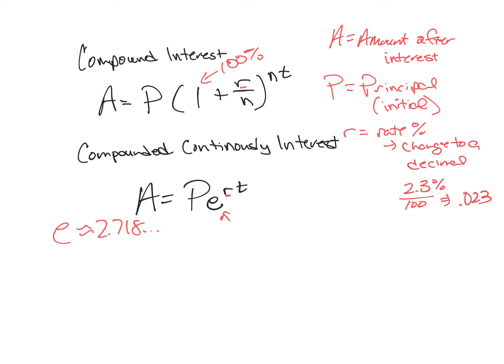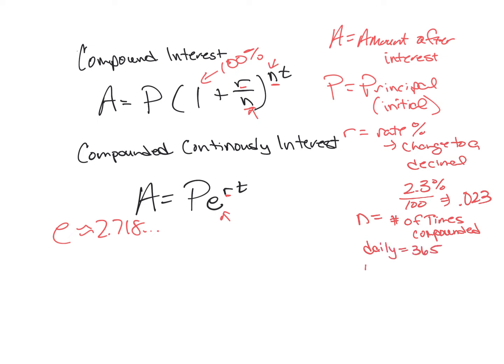Then N up here and here, they're going to be the same number. And N is the number of times the rate is compounded within a year. So if it's compounded daily, it's 365.